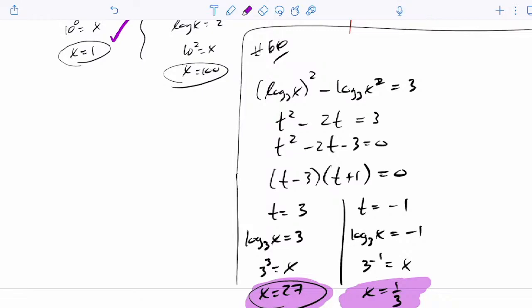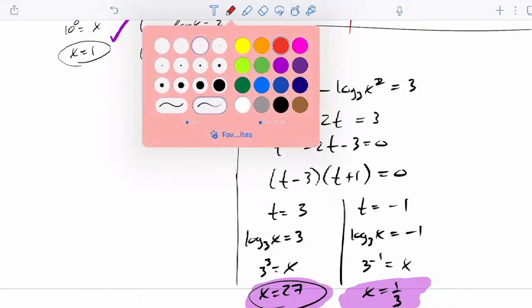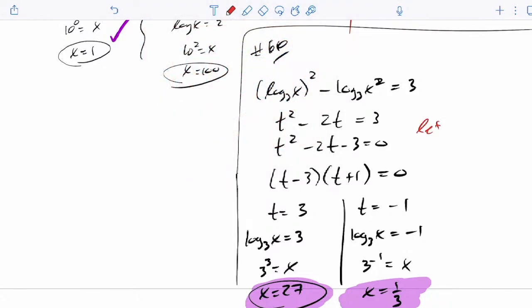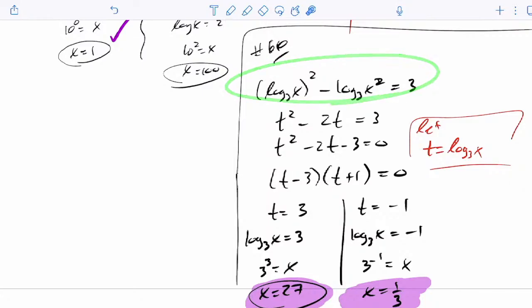Yep, very good. Is 66 okay? So like I was saying, I let t equal log base 3 of x, because it looks just like a quadratic.